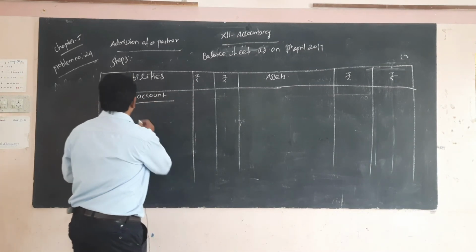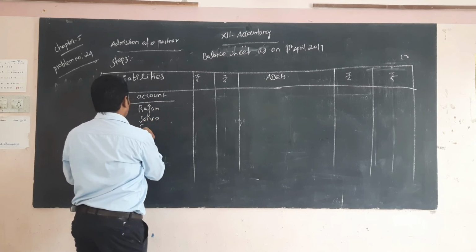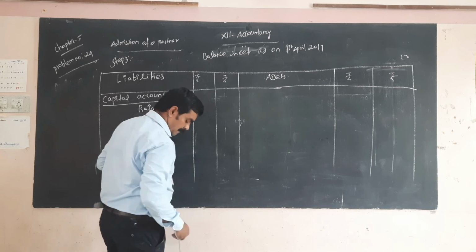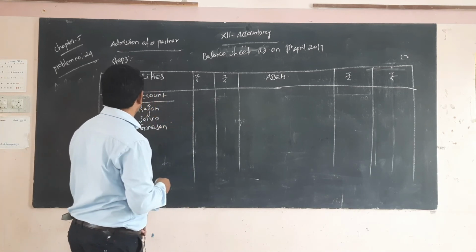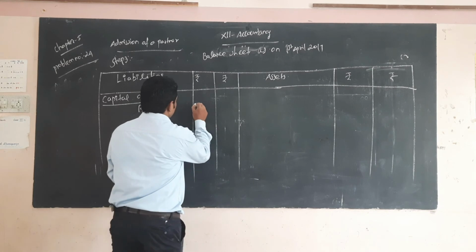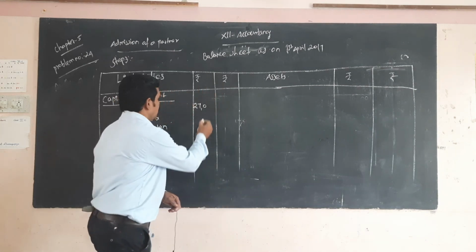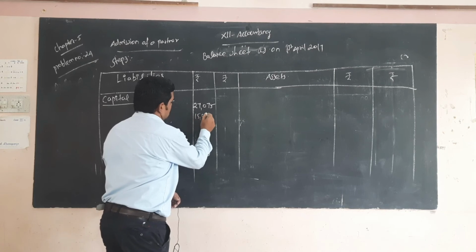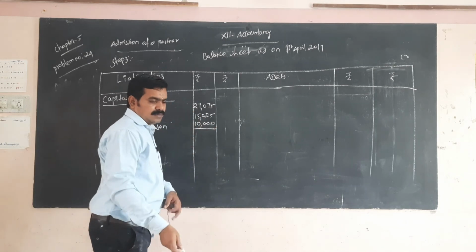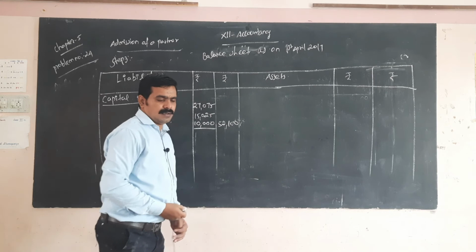Rajan, Selva, then Ganeshan. Rajan 27,075, Selva 15,025, Ganeshan 10,000. So the total amount is 52,100.